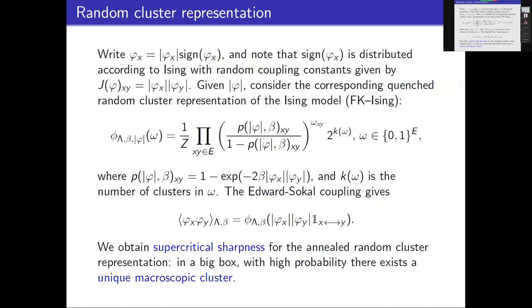And once you have an Ising model, there is some sort of connection to percolation using some sort of correlated percolation models, which are given like this. So you have a product of p over 1 minus p, right? If I were to stop here, if this was my definition of the model, then I would get Bernoulli percolation. So I would have some edges which are present, some edges which are not present.